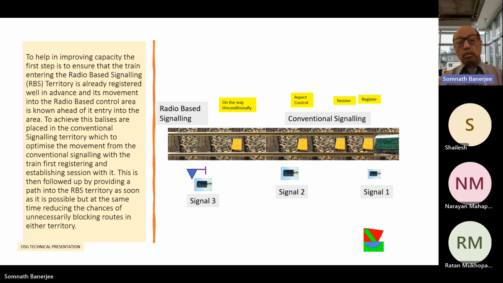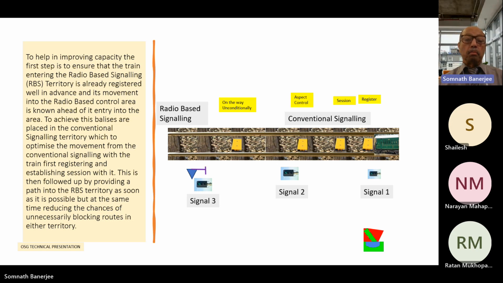Now, it is to be understood that there is no benefit in setting the routes in the radio based signaling territory too much in advance of the train which is coming from the conventional signal territory, because it will cause loss of capacity.